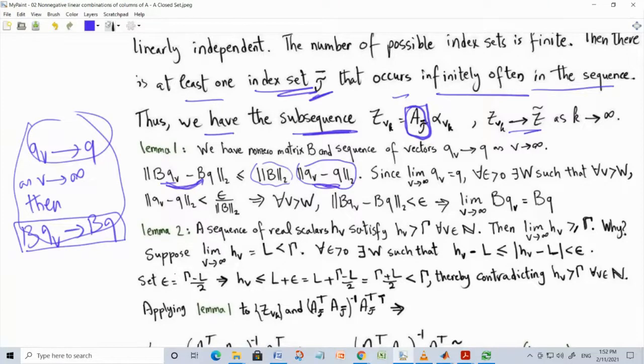Okay, but it cannot be the case. You cannot have a strictly positive sequence that converges to a negative limit. So the limit must be non-negative. Okay, so these are exactly what we need to finish off this proof that S is a closed set.